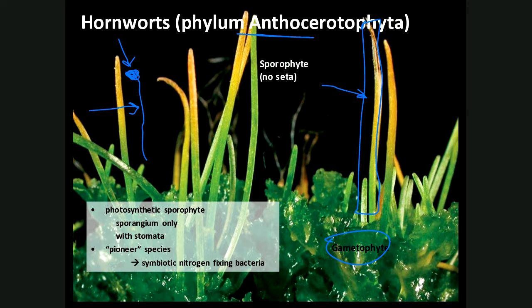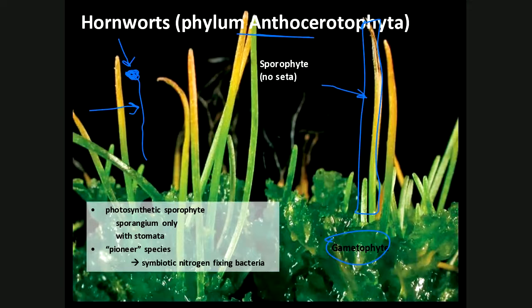So those symbiotic nitrogen-fixing bacteria allow, remember, usually in plants, the one essential ingredient that is usually limiting, in other words, whatever is limiting is what is in short supply, is nitrogen. And that wouldn't necessarily be available in the soil. Now, there's plenty of atmospheric nitrogen, but plants can't use atmospheric nitrogen, right?